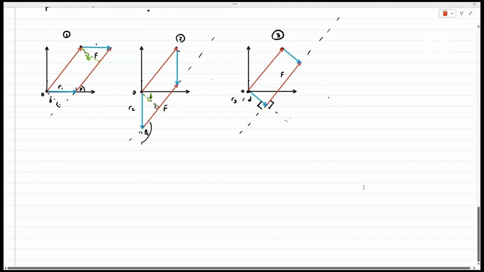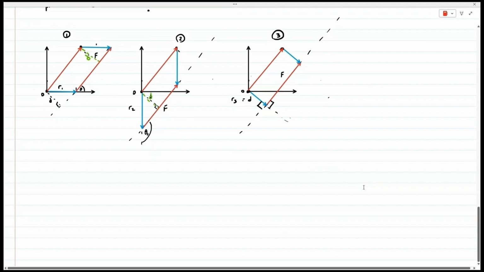Shown on screen here are 3 different scenarios with different position vectors, but finding the moment about point O with the force translated along its line of action in 3 different scenarios. As you can see, the length of the position vector is changing, the location of F is changing along its line of action, but you can see that the area of the parallelogram always remains the same.